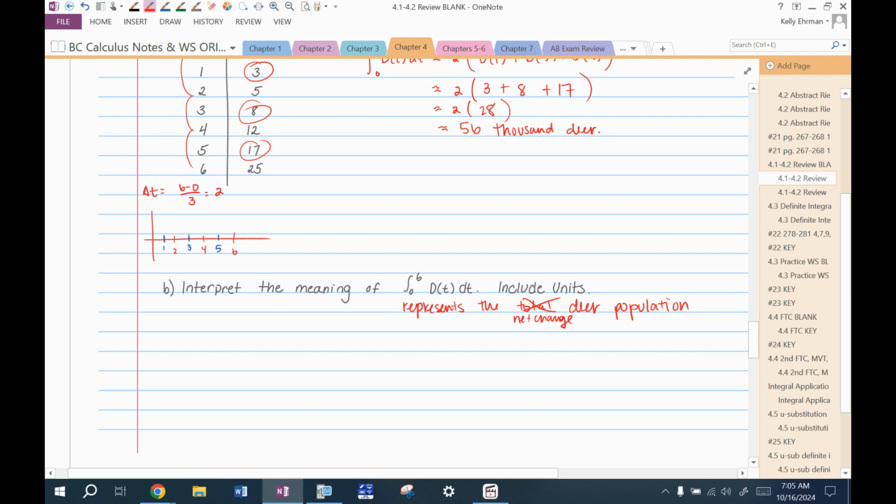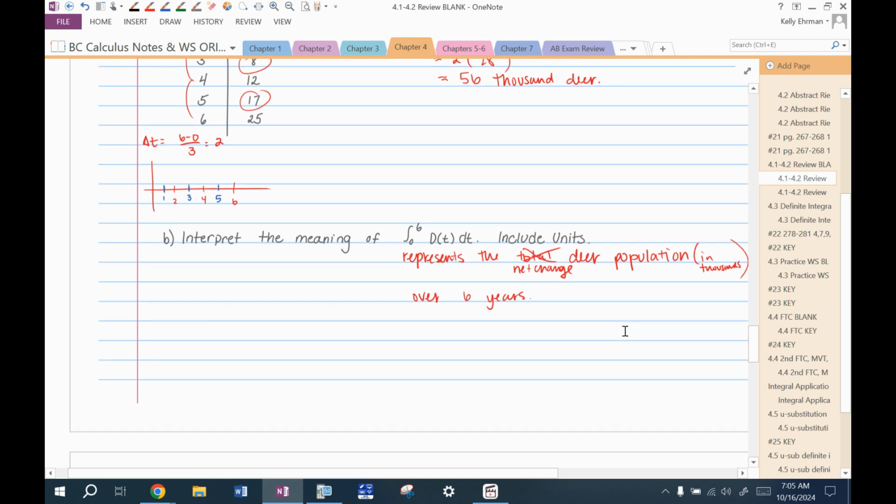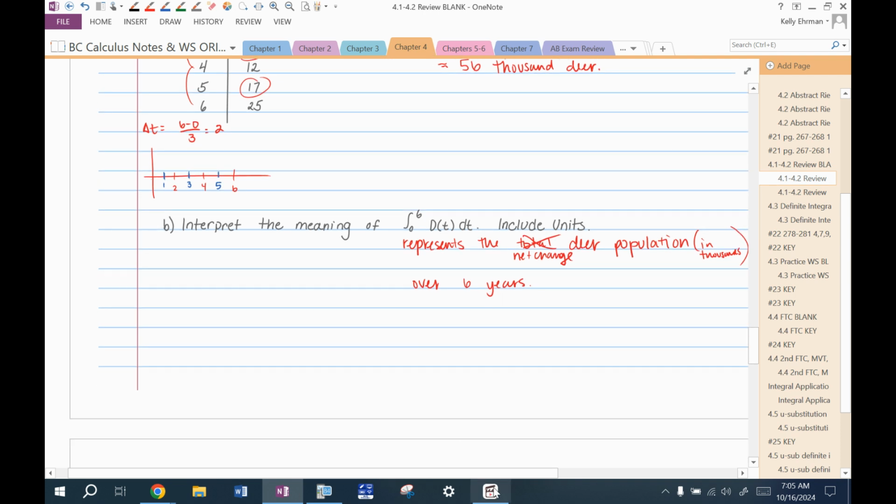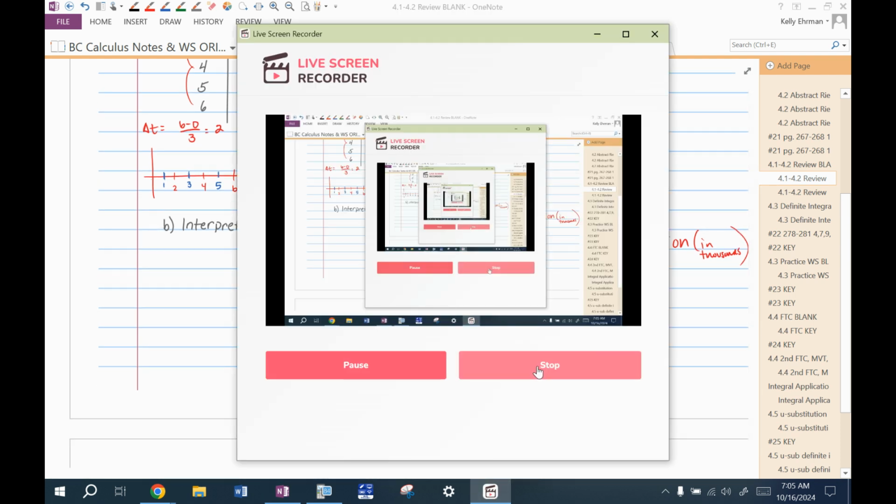This function would not dip below the x-axis, but if it ever did, it's the net change in deer population over 6 years, right? From year 0 to year 6. And it represents the deer population in thousands over 6 years. All right, I'm going to stop there. The last part of the video will be linked in a second video.